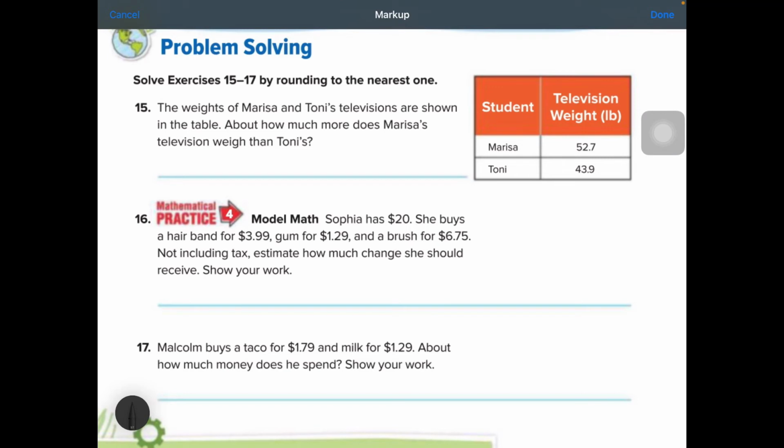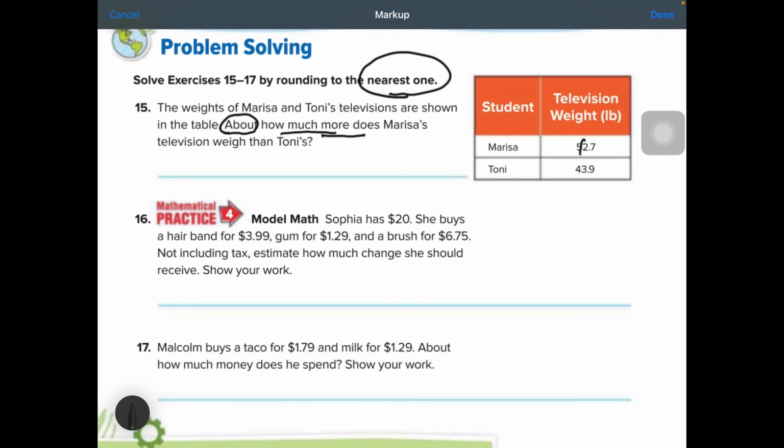All right, number 15. The weights of Marissa and Tony's televisions are shown in the table. About how much more does Marissa's television weigh than Tony's? So that tells me this is going to be a subtraction problem because Marissa's weighs more. We need to find out how much more. So let's look at Marissa. They want us to round to the nearest 1.